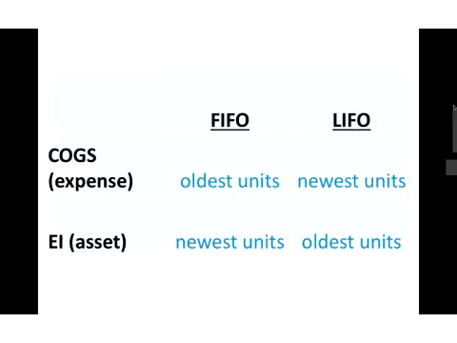If you think about it, you can reconstruct this chart. FIFO is first in, first out. That means our oldest units, our first units, are sold. So that's cost of goods sold, oldest units. Ending inventory then has to be the newest units under FIFO, and LIFO is the opposite.